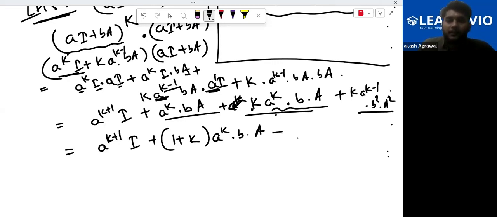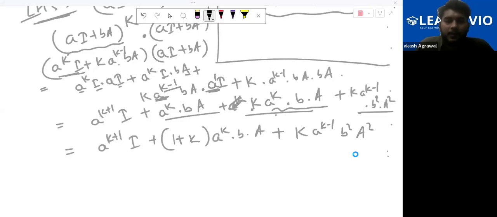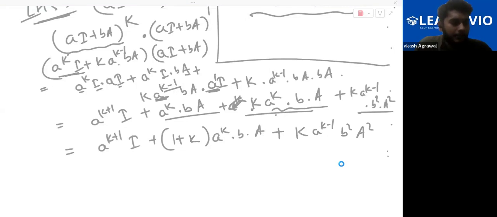And plus we have k A^(k-1) B square A square. And they have given you a matrix, right? A matrix is already given. So you can find A square. Yes, everyone? If A matrix is already given, then finding A square is very easy.